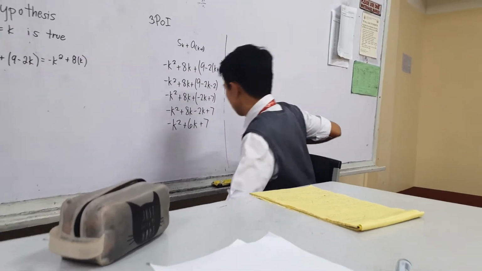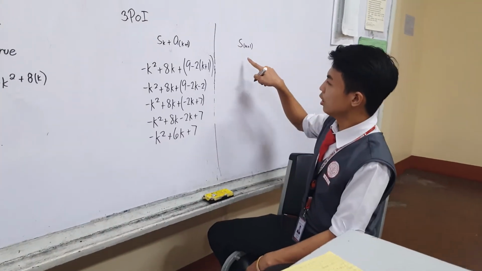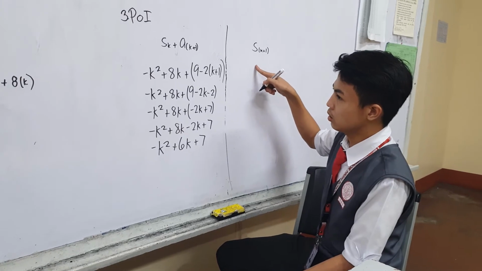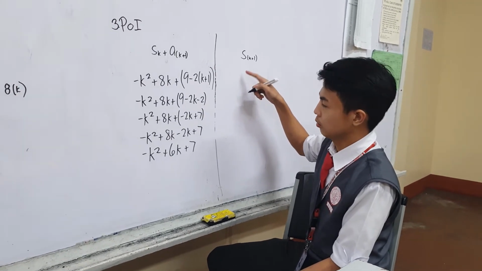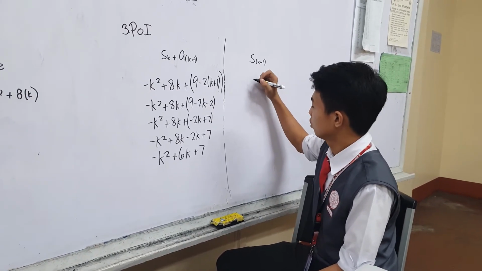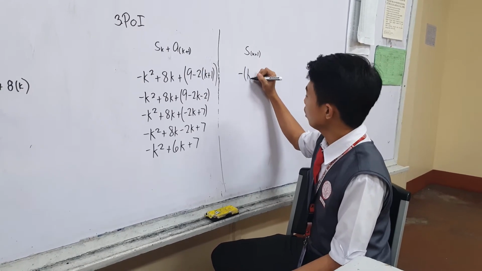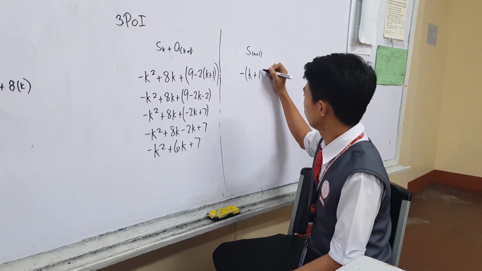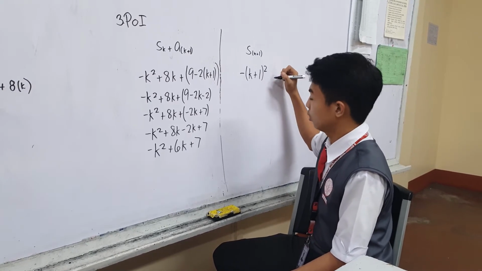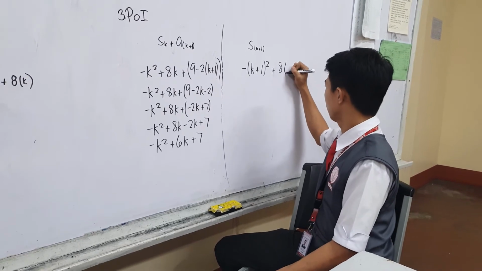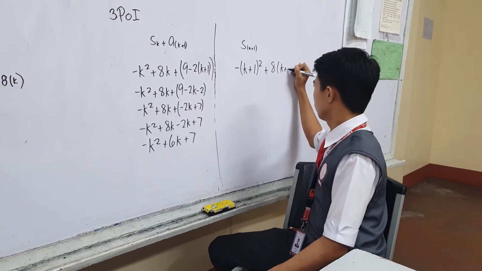Let's go to the second procedure. Here, we will substitute k plus 1 to all the lowercase k in the S. So, negative k plus 1 squared plus 8 times k plus 1.